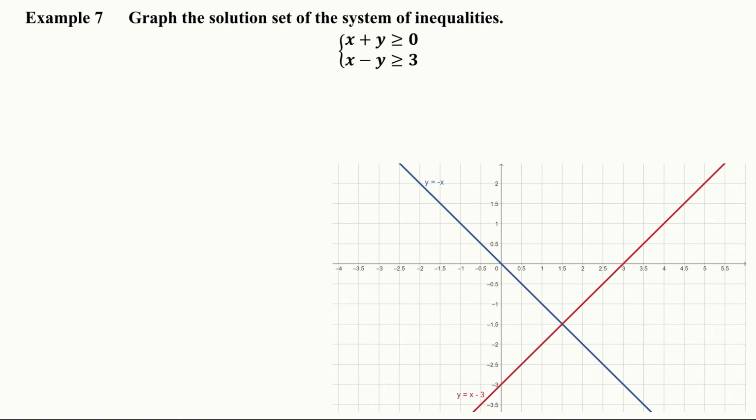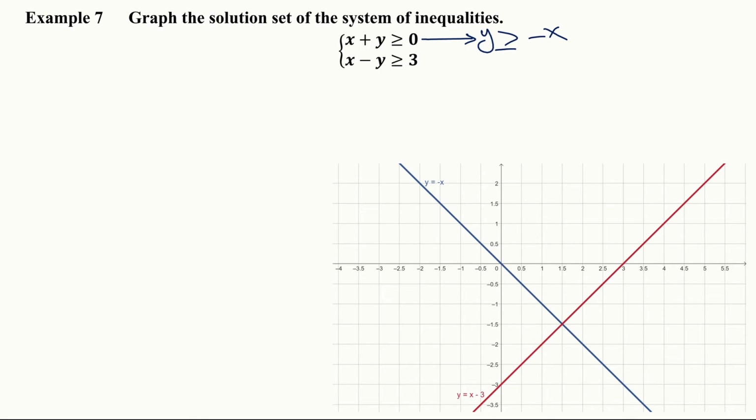All right, so here's our first system of inequalities. Now, the thing that we need to do is to make sure that we satisfy both of those inequalities. So for the first one, if I put this in slope-intercept form, I get y is greater than or equal to negative x, right?